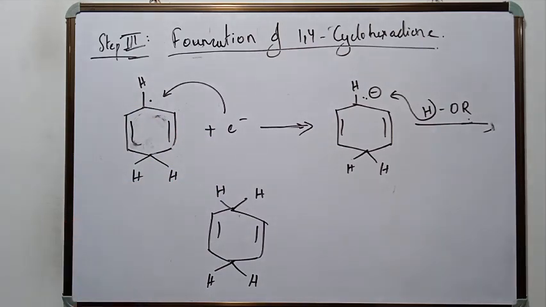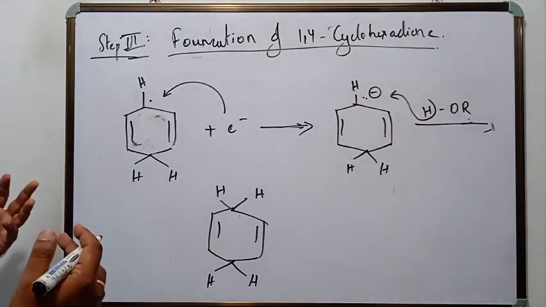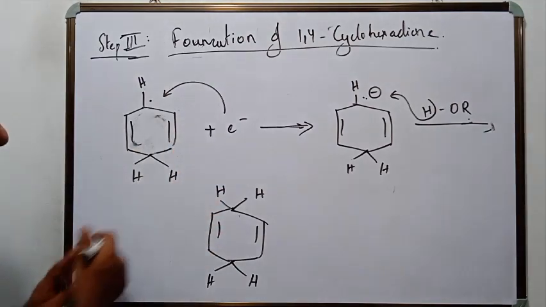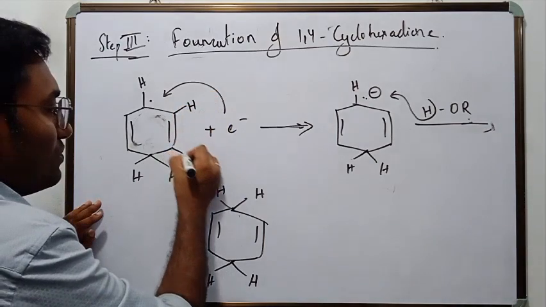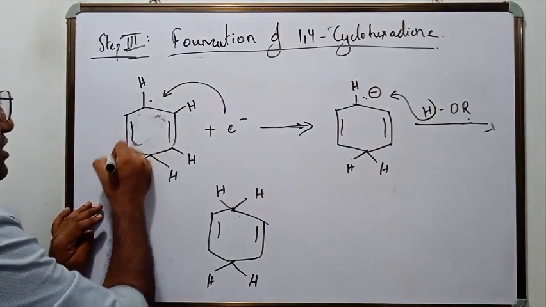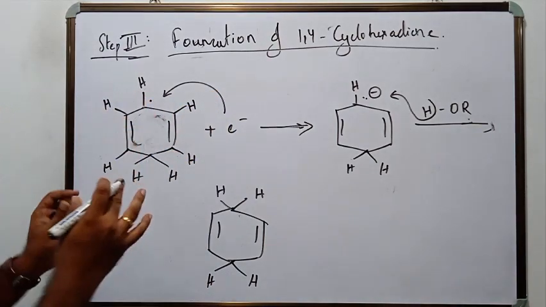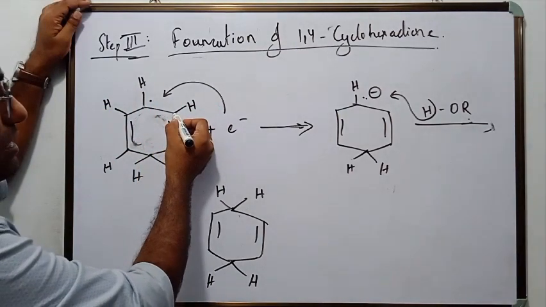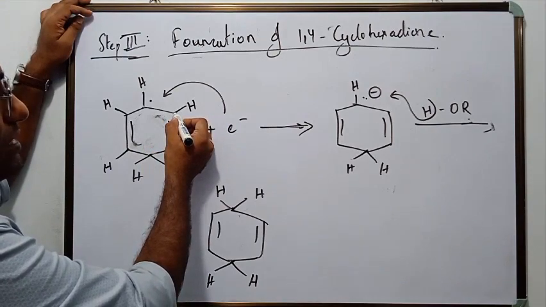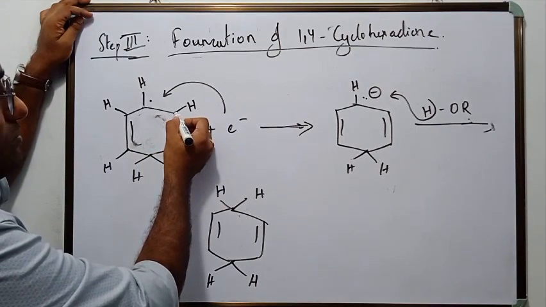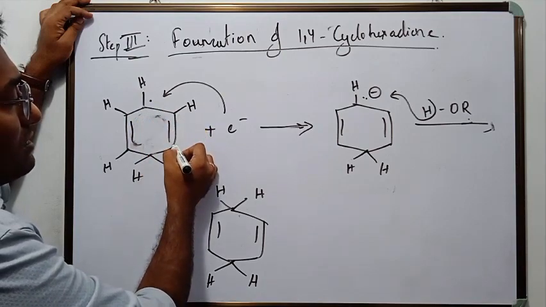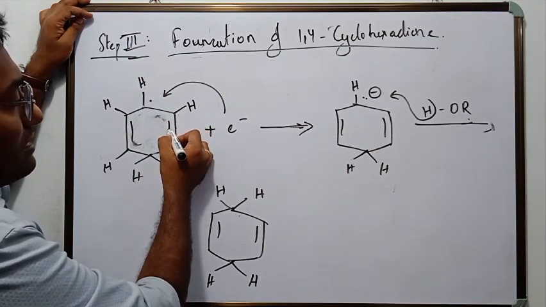For that you have to see whether the fourth valence of carbon is completed in all carbon atoms. You have to see whether the carbon atom is attached to 4 other atoms through single or double bonds. So let us look at this carbon atom. Is its fourth valence complete? Yes. This carbon atom is attached to another carbon atom here by a single bond. This is the second one, this is the third one, and this is the fourth one.